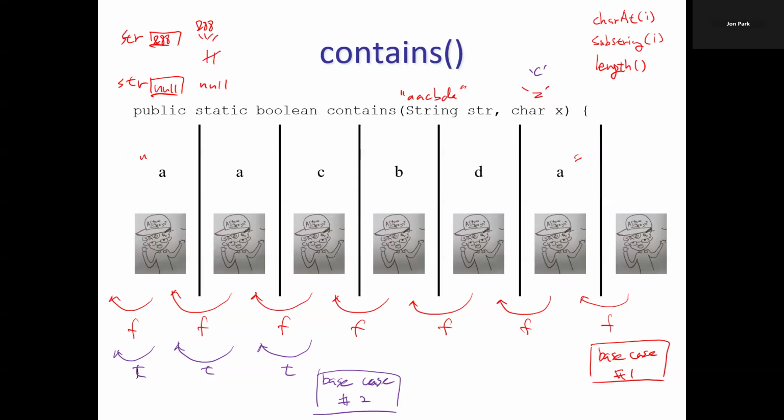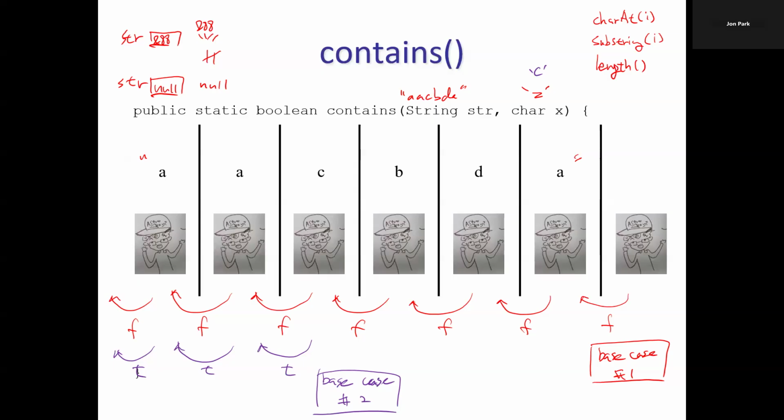Now, because of the details of implementation, or because of the optimization Java does, you could actually do str == empty double quotation marks. It will still work. But let's use length because technically you can only use those.